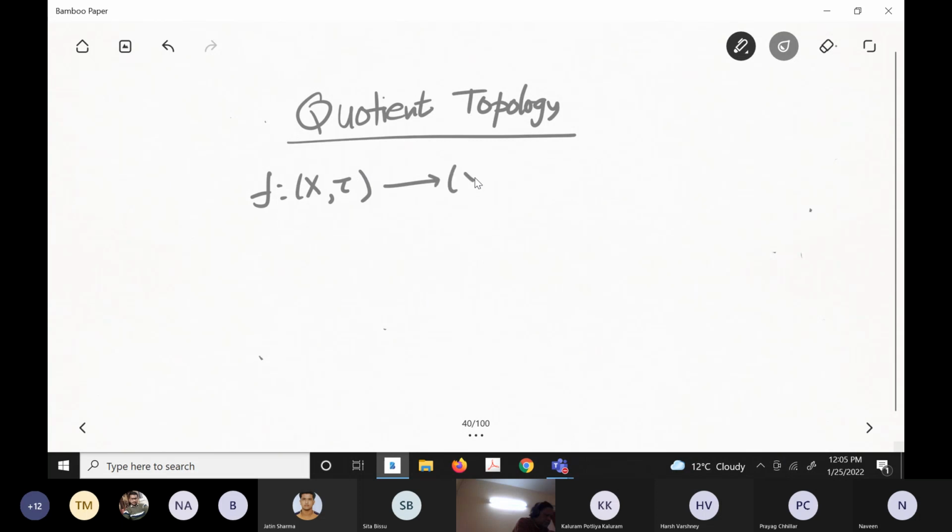I don't have a topology on Y yet. Right, let f be a map. So here on Y we will give the topology sigma on Y, the collection of all B subset of Y such that f inverse B belongs to tau. Then you check that sigma is a topology on Y.